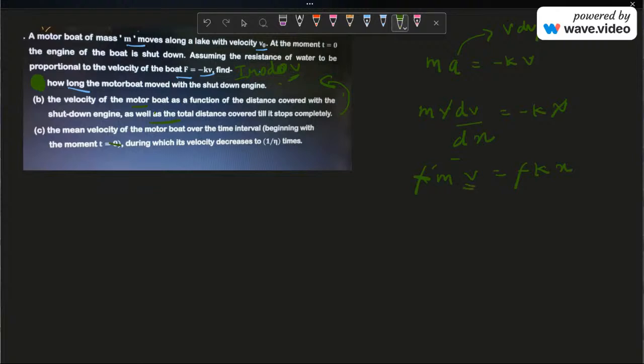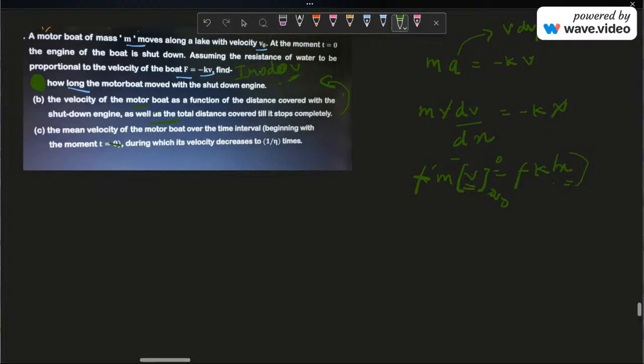And when we put the limits from v naught to 0, we will get the value of the change in x, so delta x.